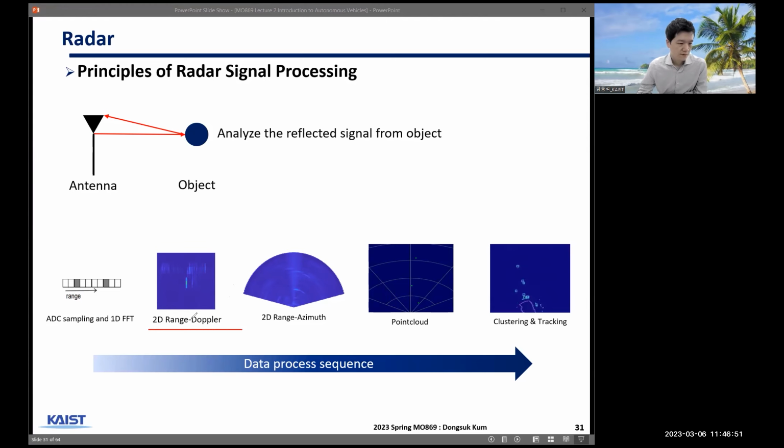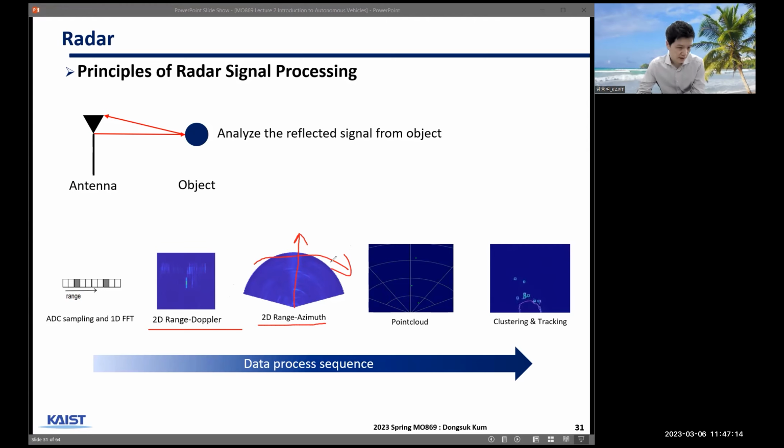And this gives you the range, distance information, and Doppler, and then 2D range azimuth information. So this would be the distance, range, and then this direction is the azimuth.